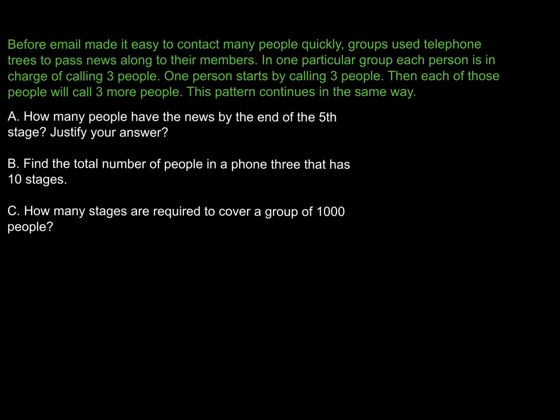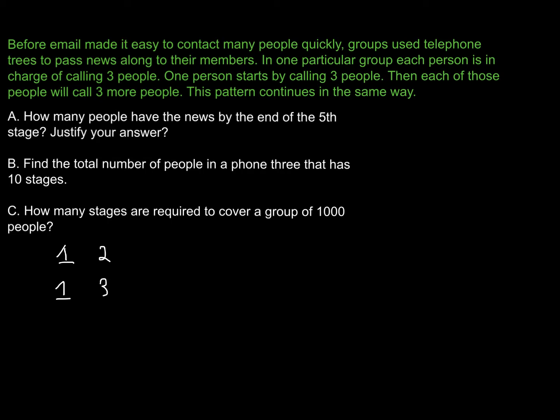Go ahead and pause the video now and try to map out the number of people that receive the news at each step of the way. Let's think about each step. The first stage, if you will, one person has the news. Then in the second stage, how many more people get the news? Well, 3 new people get the news.